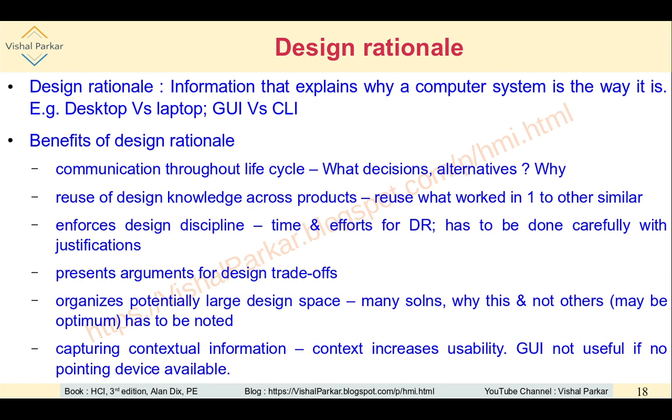Now, if there are no pointing devices available at the client side, or maybe the memory is not sufficient to drive the GUI, it will not be useful, even though it is attractive, even though it may be easy to understand. And the availability of those resources is the context. So this is what is called capturing the contextual information. So based on the context, the corresponding design solution of whether to use GUI or CLI is selected.